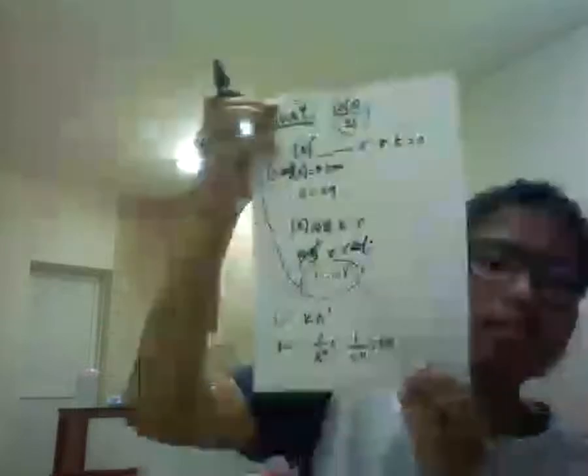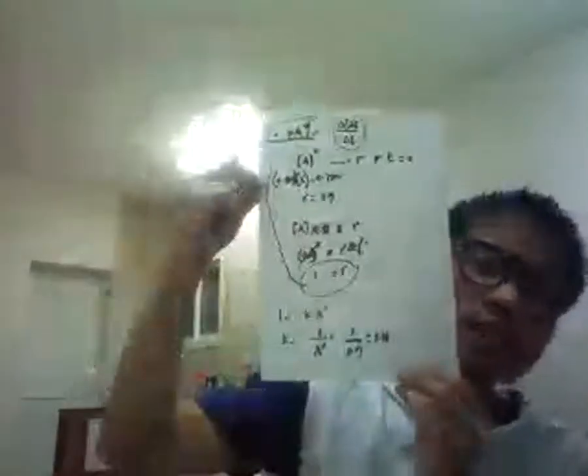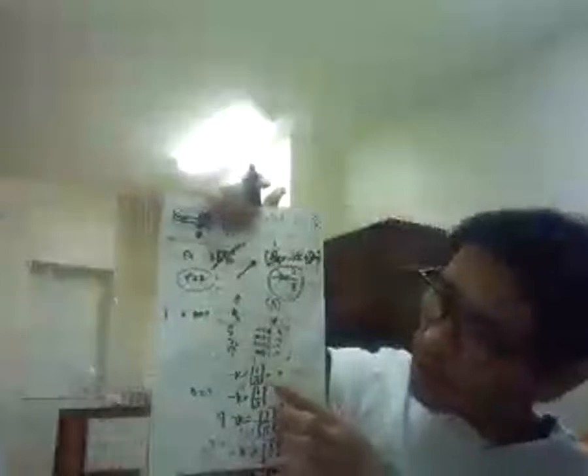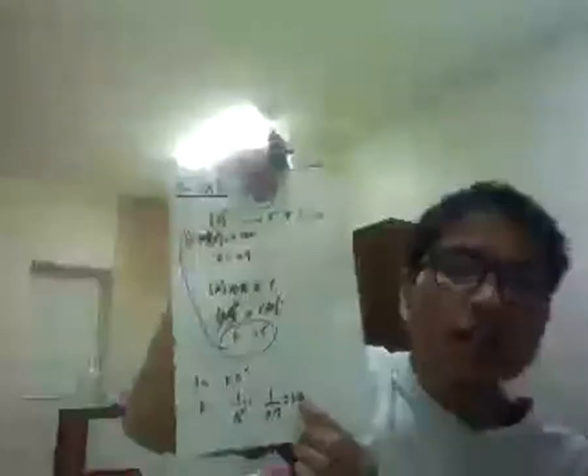So this is not valid also, because it doesn't match what we have here. At first it becomes 0, and here it is 1.1. So it's not equal, so this is not valid.